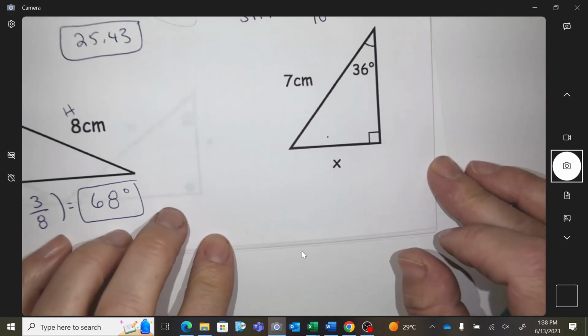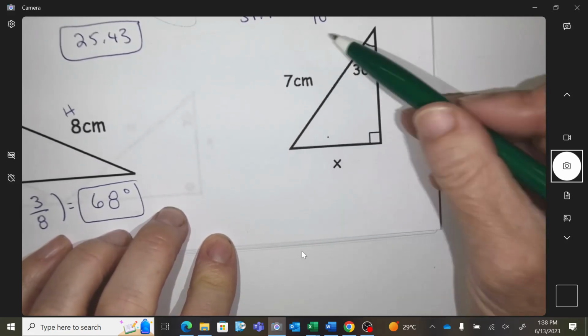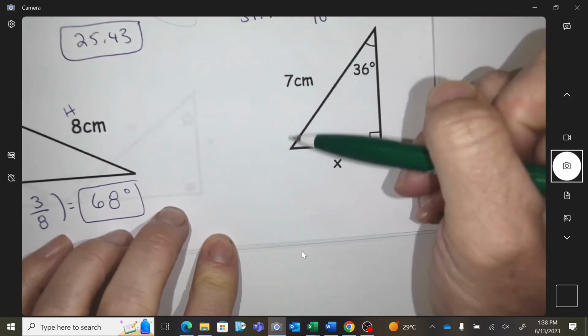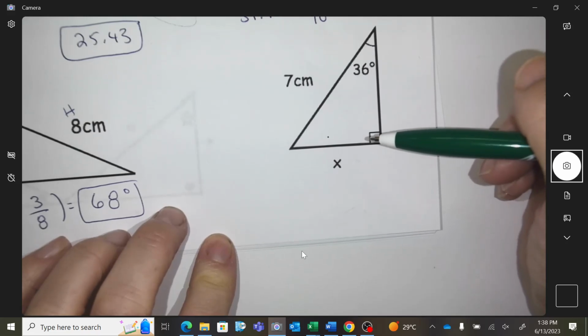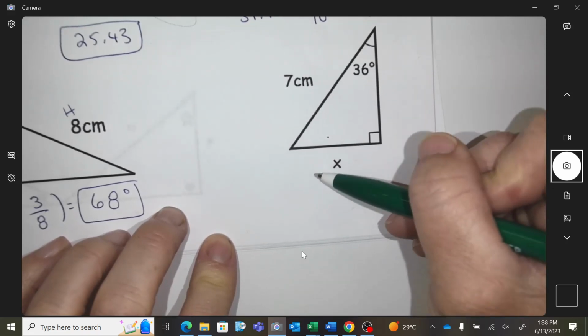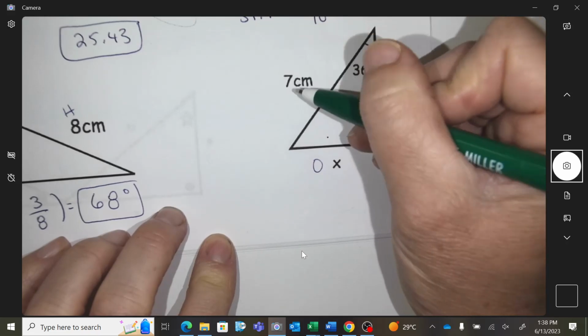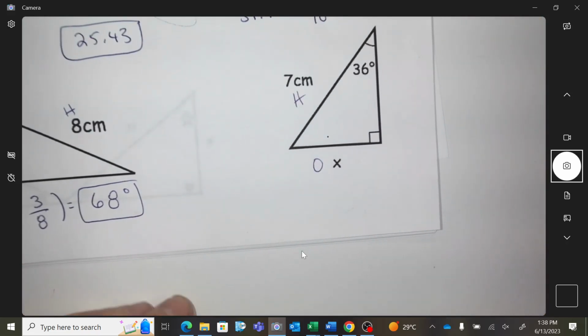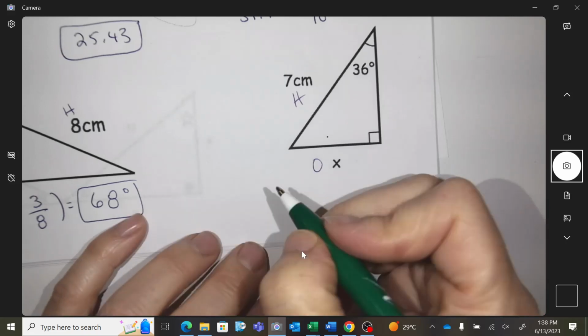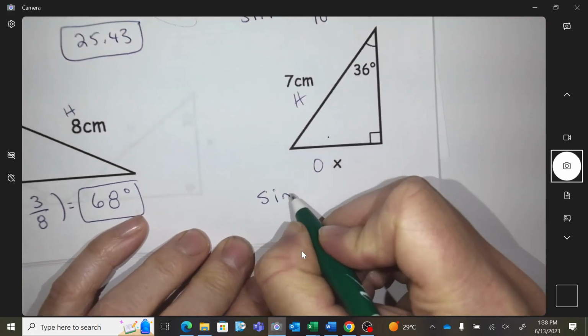The last triangle on this page. This is a SOHCAHTOA system again. We have an O and an H. Are we picking sine?